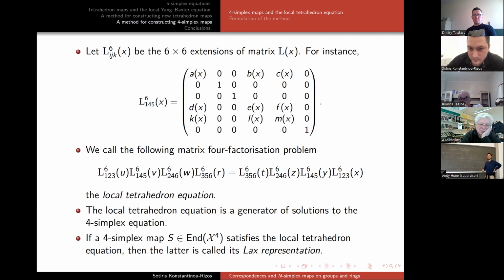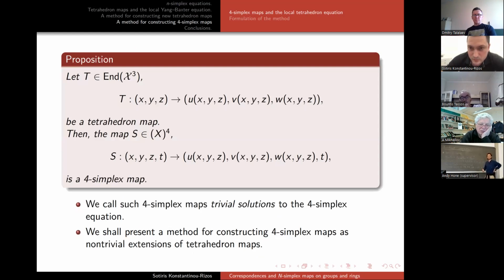First of all, what is a trivial extension? A trivial extension is the following. If we have a map that takes 3 variables and gives you 3 functions, a tetrahedron map, you can trivially extend it by just adding 1 variable here, t. And this map will be automatically a 4 simplex map, it is very easy to prove in half a line.